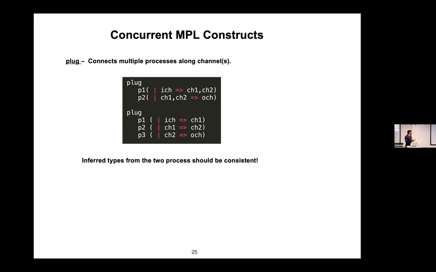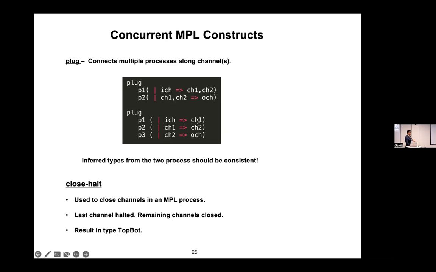What do we do when we want to connect multiple processes? We can connect P1 and P2 via CH1 and P2 and P3 via CH2. Once you have plugged a channel between two processes, it goes without saying that the type of this channel from both the processes should be unifiable, should be consistent.